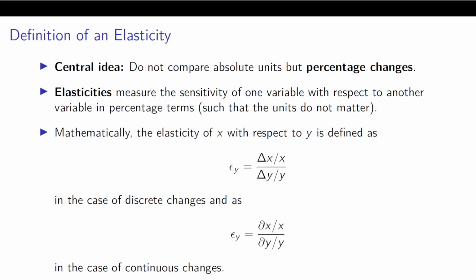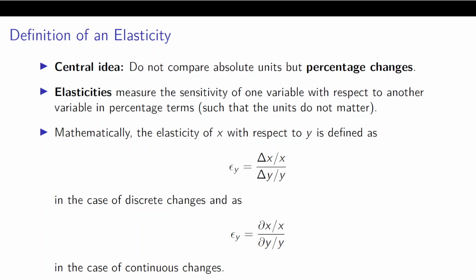So from a mathematical perspective, the elasticity of the good x with respect to a change in y, which may be the price of good x or the price of another good z, or it may be income, can be measured as the change in the quantity of good x divided by the level of good x that is sold, so that's the percentage change in the quantity of x, divided by the percentage change in y, which can be the price, for example.